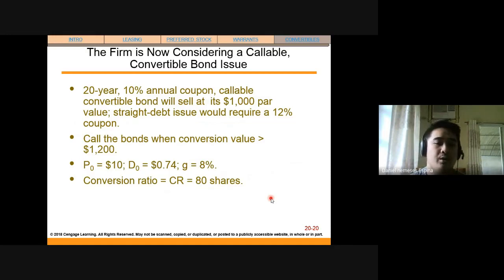So for the conversion value, the price of each share is $10. The dividend is 0.74, and the growth rate is 8%. The conversion ratio is 80 shares.